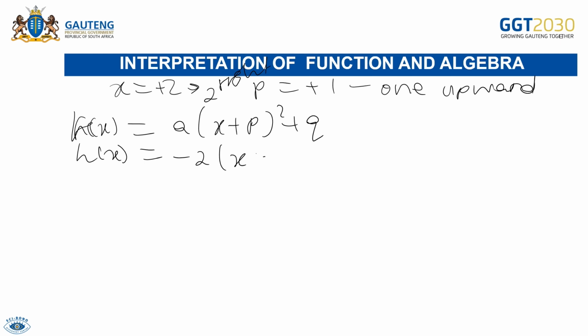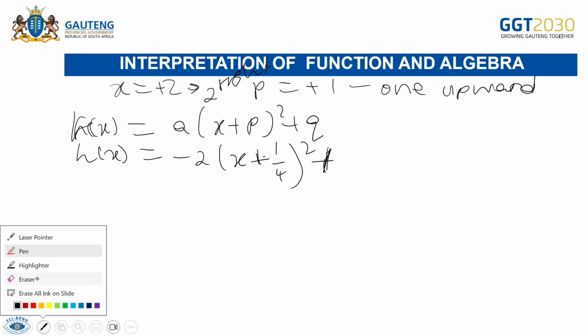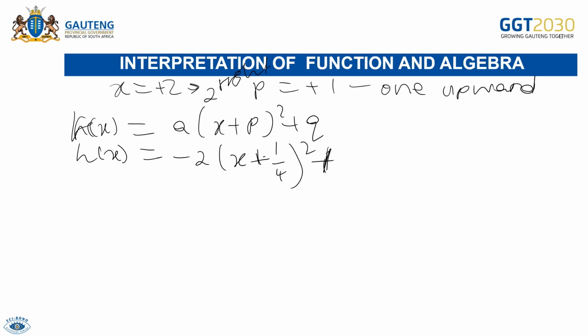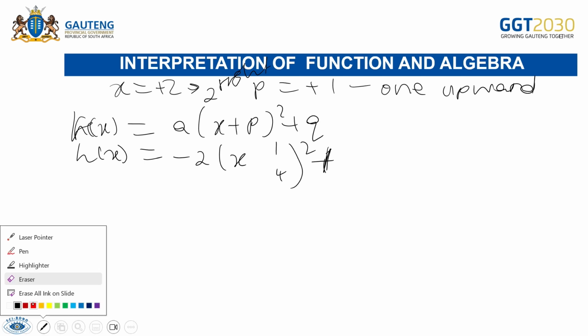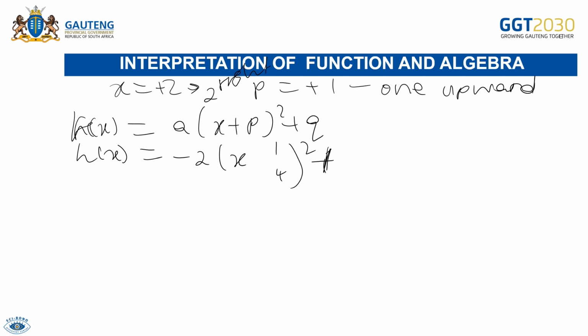Then my p is 1 over 4, so if I put it inside the bracket, it's going to be negative 1 over 4. Then the q is given as 49 over 8.